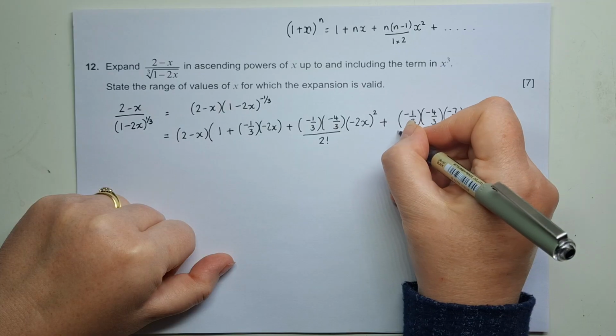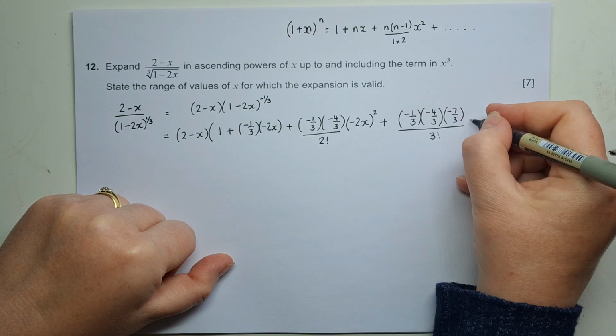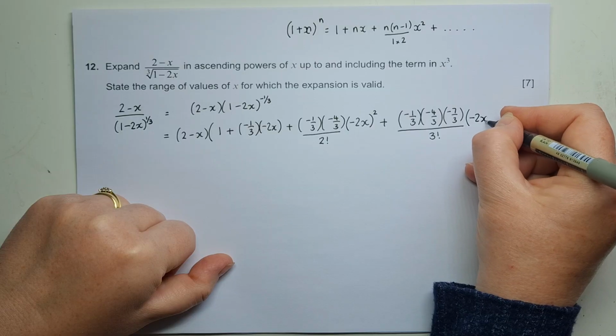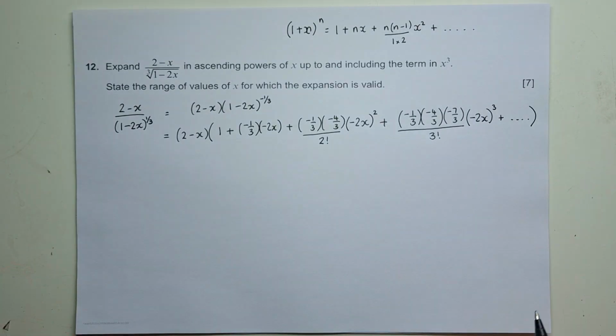You're just taking away 3/3, remember, over 3 factorial, times minus 2x, in a bracket, cubed, plus dot dot dot, close bracket.